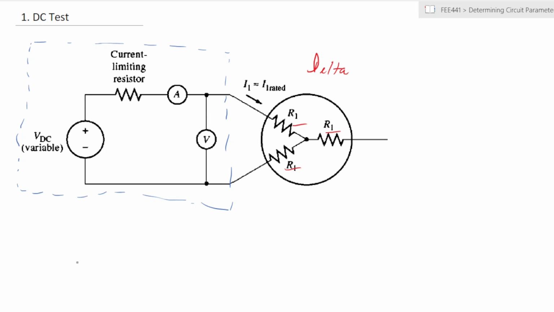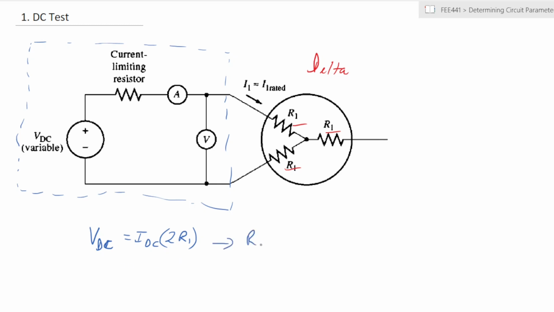So in this case, the voltage can be shown as VDC equals the DC current that is applied times the values of the 2 resistances. If we say each of them is R1, or the average value is R1, that is the Ohm's law version of that.